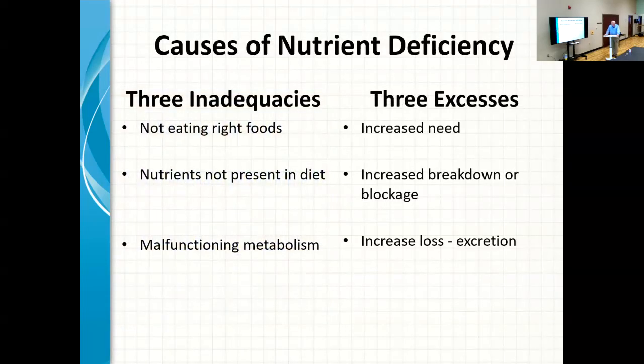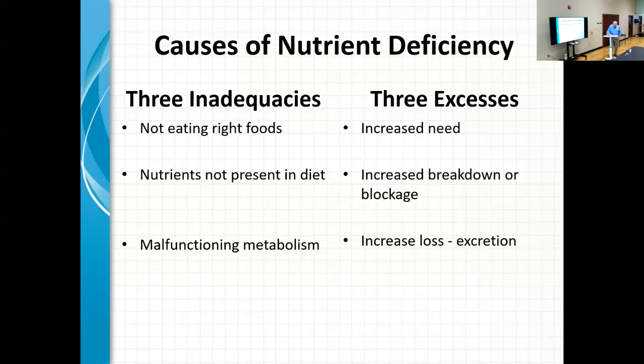In 2004, Lieber wrote an article titled Relationship Between Nutrition, Alcohol Use, and Liver Disease. And here he identified that there were 6 causes for nutrient deficiencies. 3 of them were inadequacies, like not eating the right foods, nutrients not present in the diet or cooked out, or food that was out of date, and then bad metabolism.